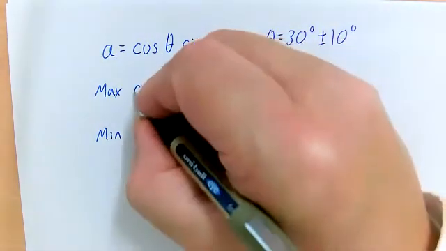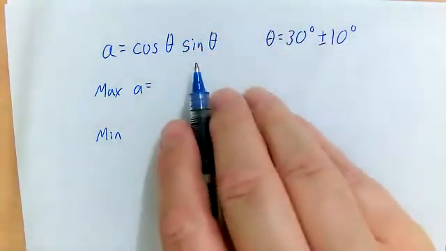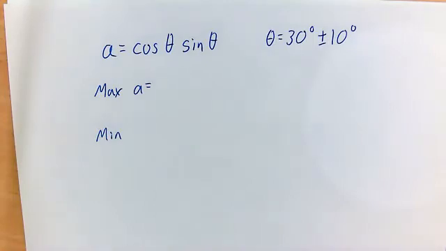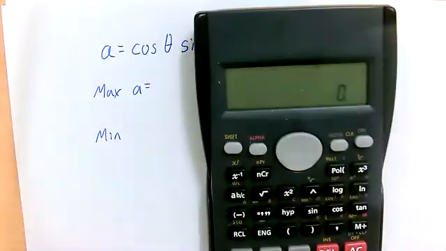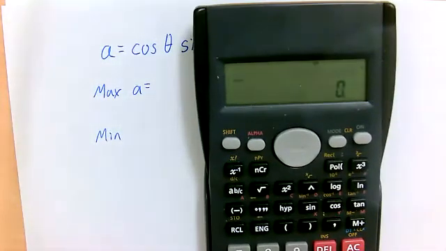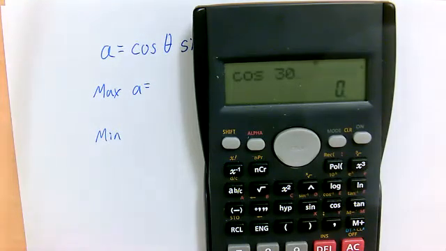So the maximum value of A is when cosine theta and sine theta are both as big as possible. I happen to know that if we work out the cosine of 30, that would be 0.866.